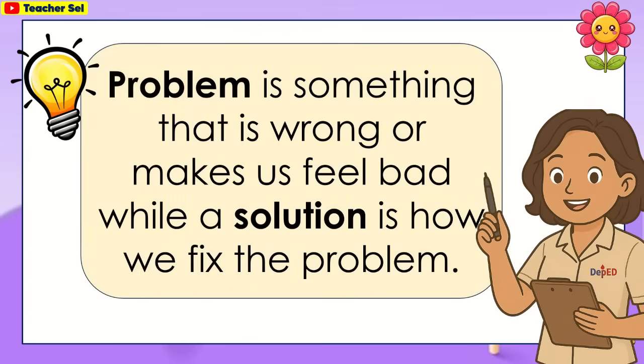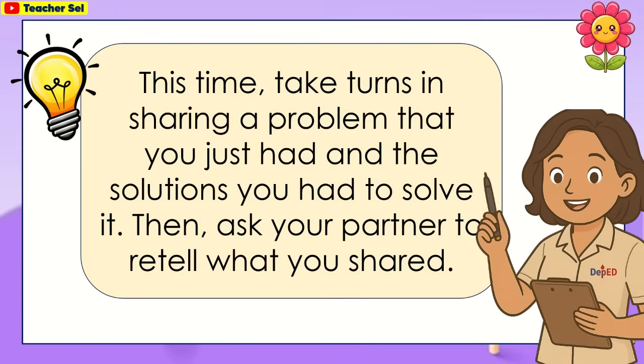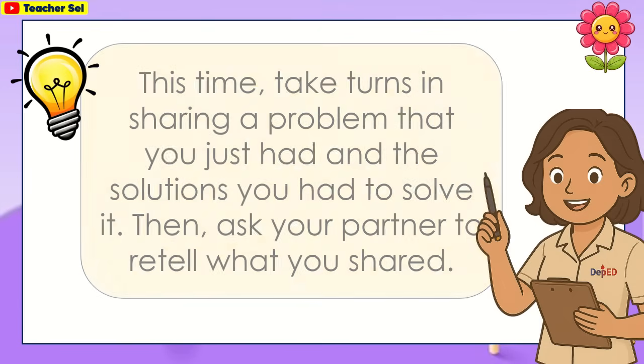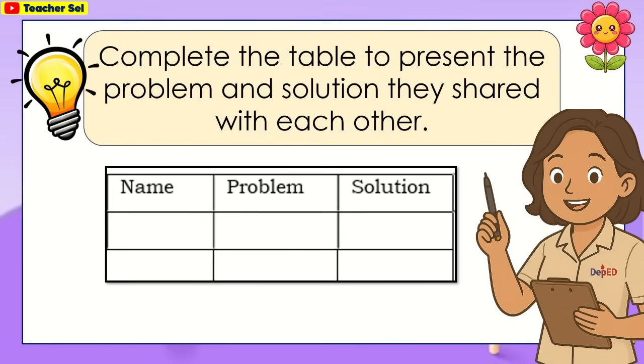Problem is something that is wrong or make us feel bad, while a solution is how we fix the problem. This time, take turns in sharing a problem that you just had and the solutions you had to solve it. Then ask your partner to retell what you shared. Complete the table to present the problem and solution you shared with each other.